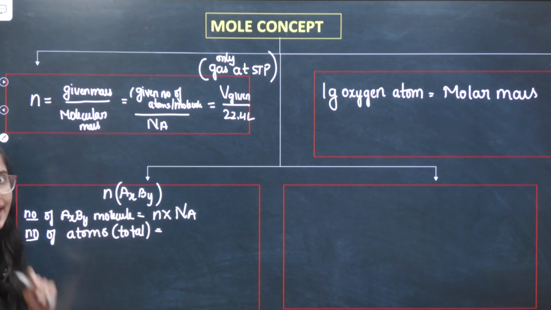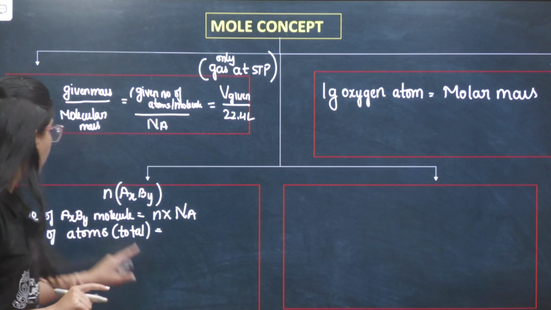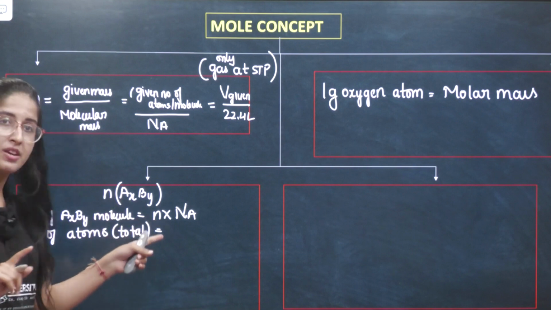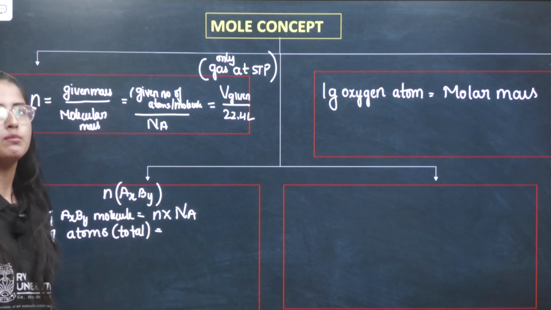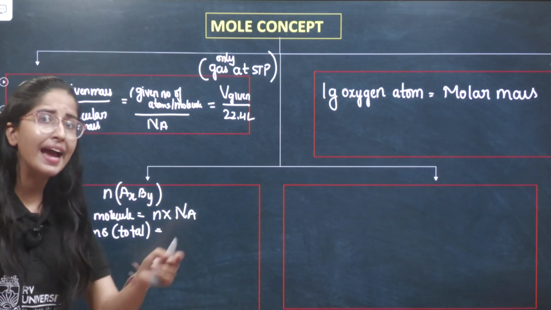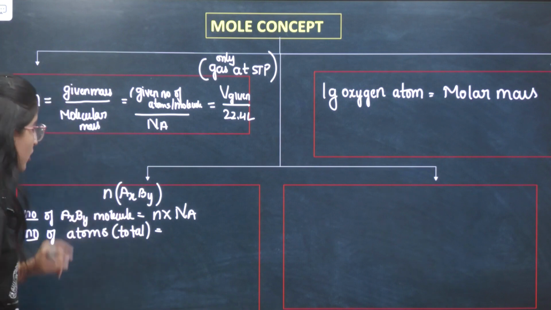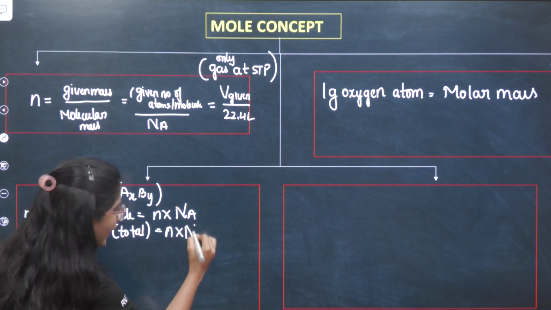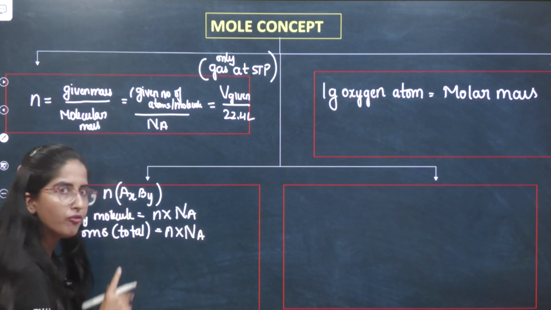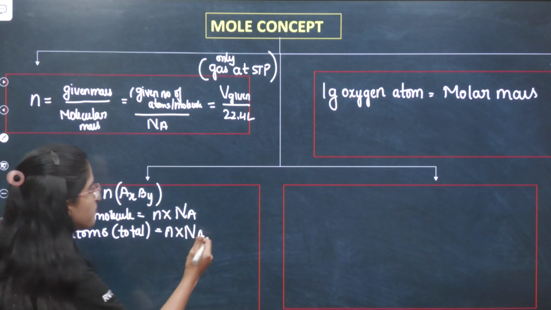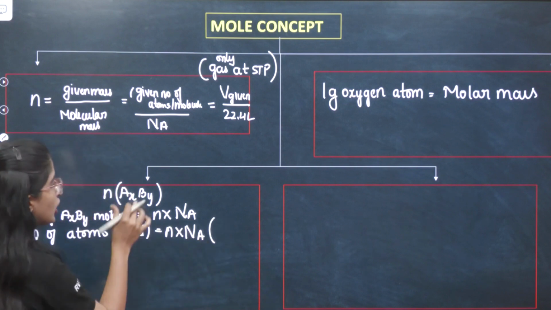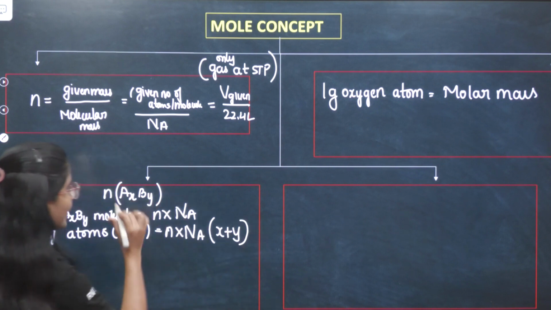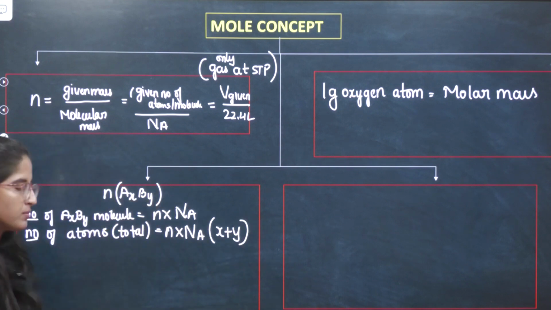But when it comes to atoms, in 1 molecule of AXBY, how many A atoms are present? X. How many B atoms are present? Y. Correct? So simply you do number of moles into Na, which gives the number of molecules, and you multiply it by the total atoms present, X plus Y. It will give you the total number of atoms.